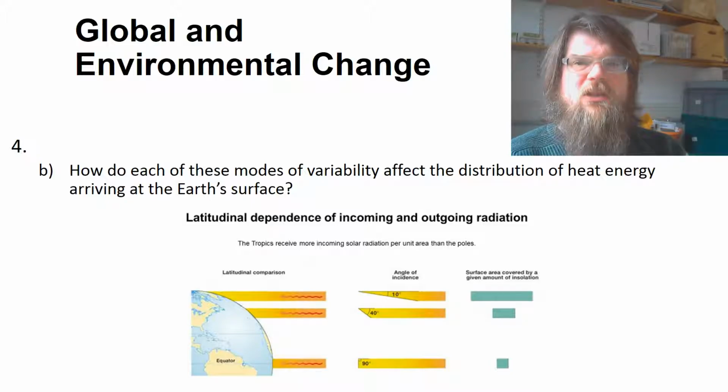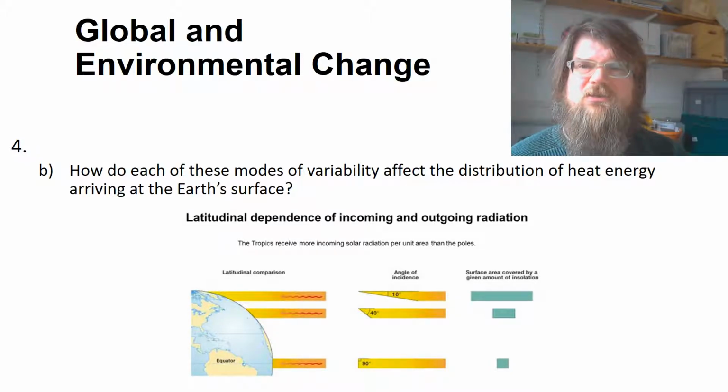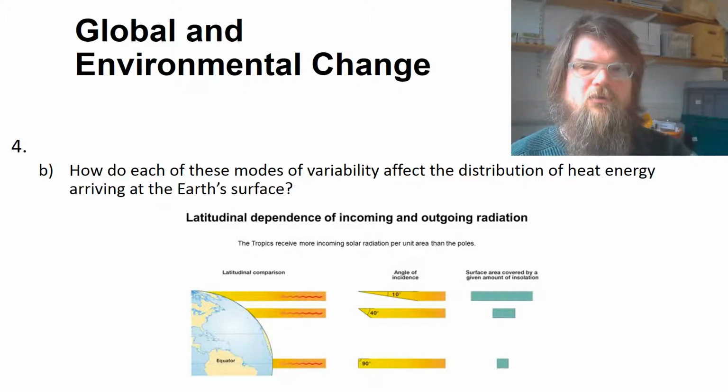So a common mistake that quite a lot of you made was to talk about this effect that we get more energy at the equator than at the poles. Now that is true, but that's not due to the Earth's axis being tilted or the orbit around the Sun. It's because the Earth is spherical, and the sphericity of the Earth doesn't change with the orbital parameters.